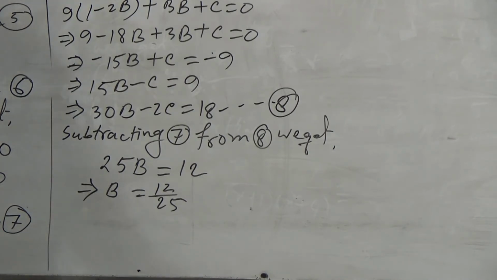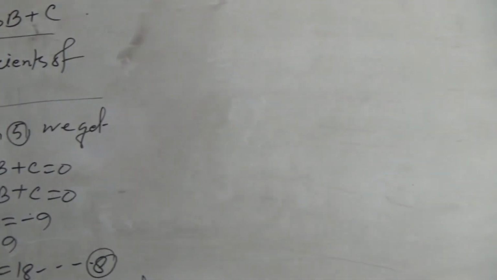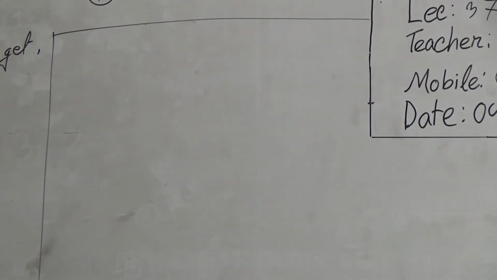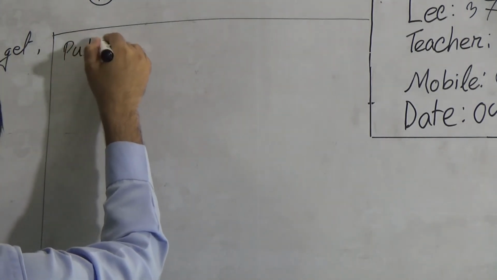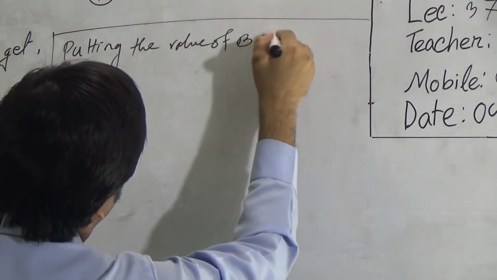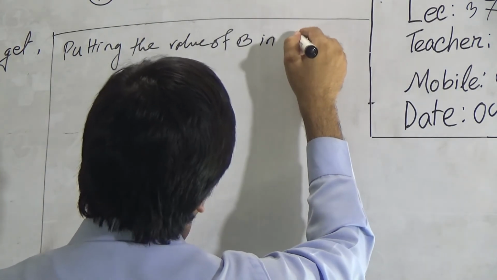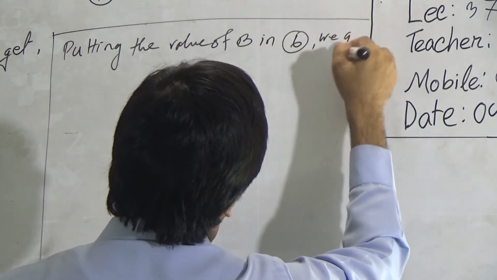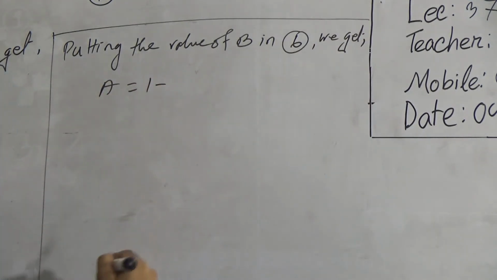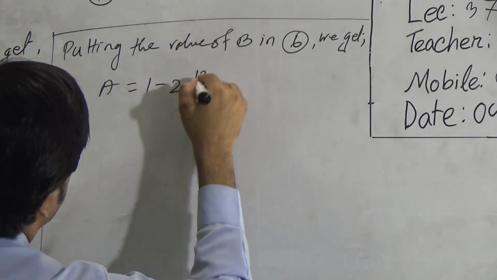So how can we determine the value of a and c? Putting the value of b in equation 6, we get a equal to 1 minus 2b, which means 2 into 12 by 25.